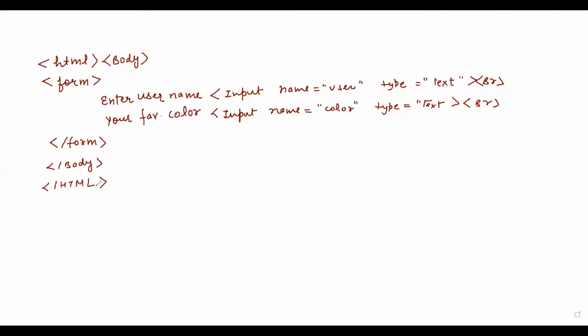So here is a simple form, and there are quite a few different types of input to choose from. So let's have a look at the types of input which we can have with this form tag. I hope this is clear to you, and now I will tell you the input types. So there are certain input types we can give.